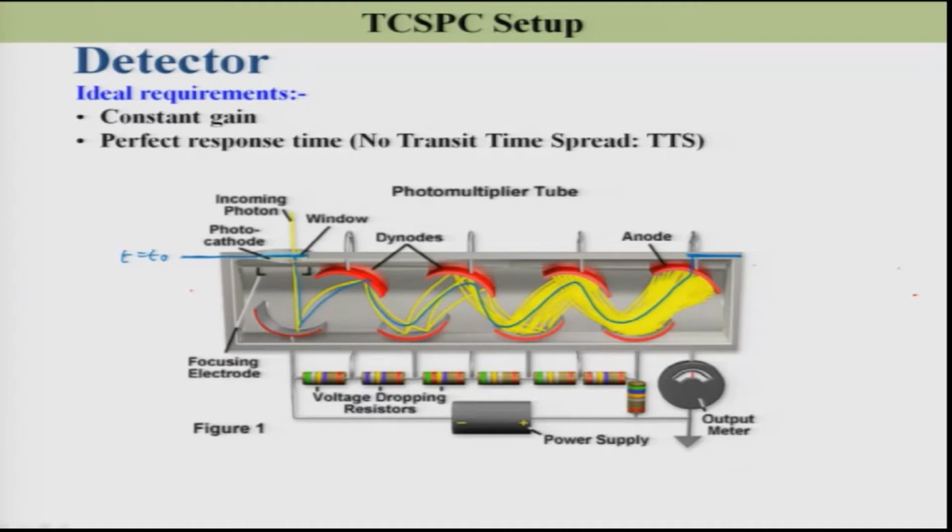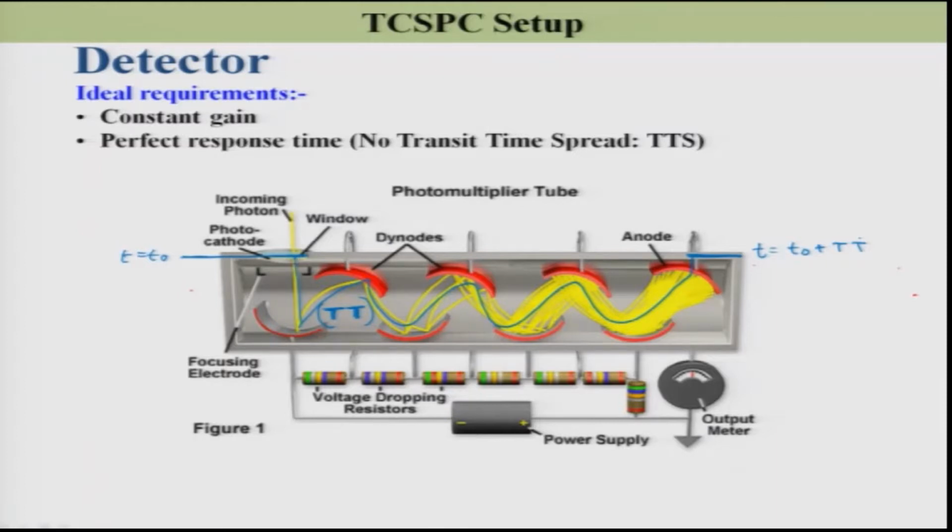Let us say this process takes a time t t. This is the total time taken. So, at what time will this electron pulse come out? At time t equal to t 0 plus t t. But it is no problem for me, because I will simply add this t t during my time measurement.